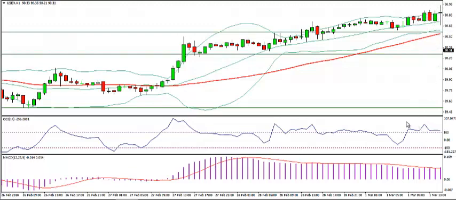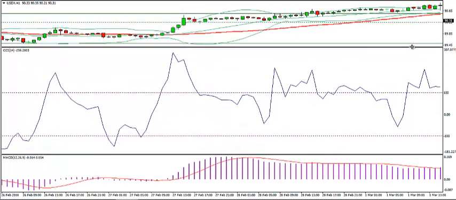Now, I'm focusing right here on the CCI because I mentioned this pattern and I've traded it, and we've been talking about it a lot in the chat room.